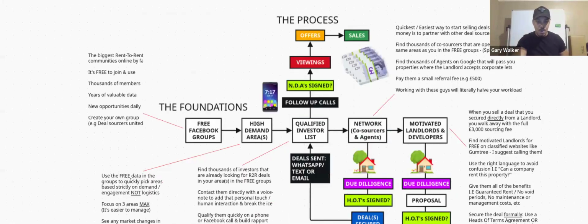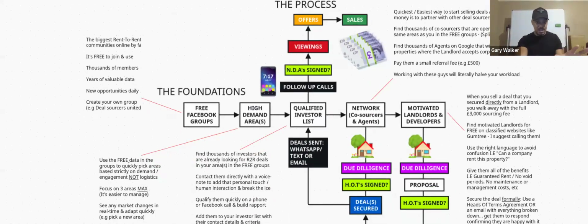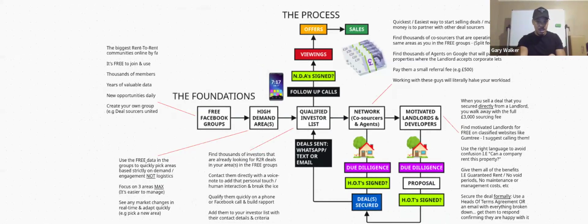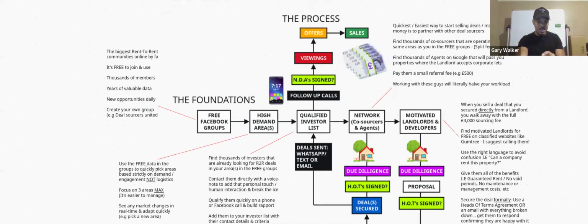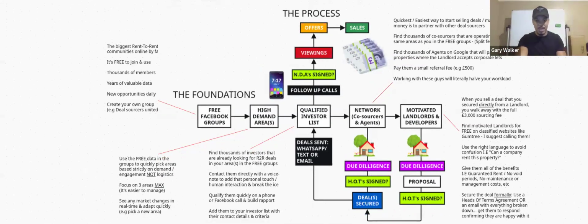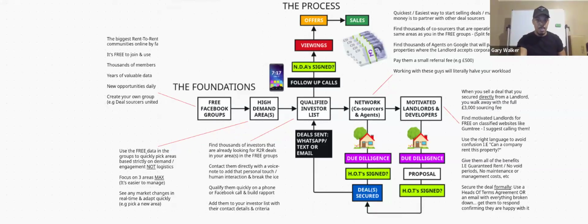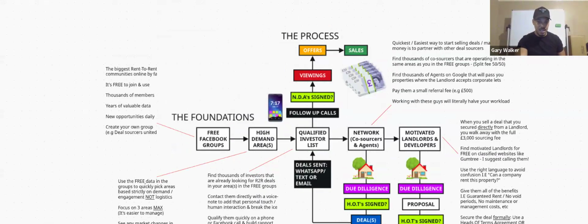So let's have a quick look at the actual funnel. Now, guys, on my screen, this looks fine, but I just want to make sure on your side you can see everything. Do I need to zoom in a little bit or zoom out? Mainly, you only really need to see whatever I zoom in on at the time. But just from the bigger picture, can everyone see that? You should see a diagram. It says foundations. At the top, it says the process.